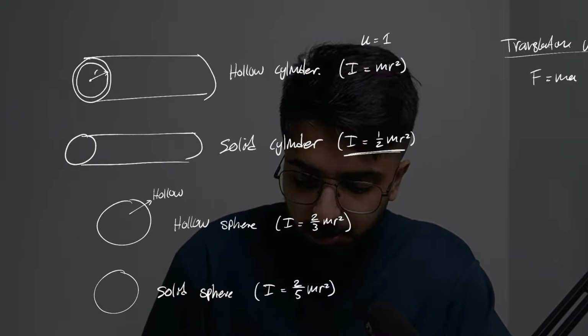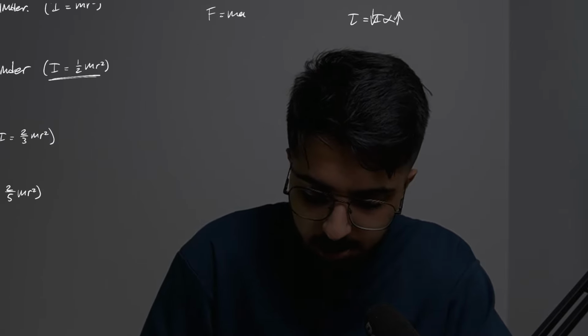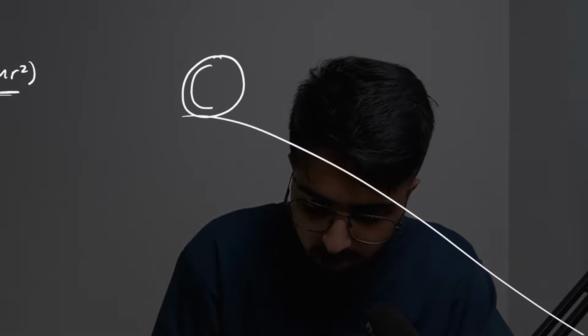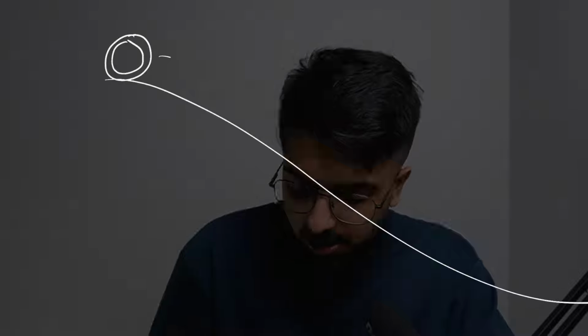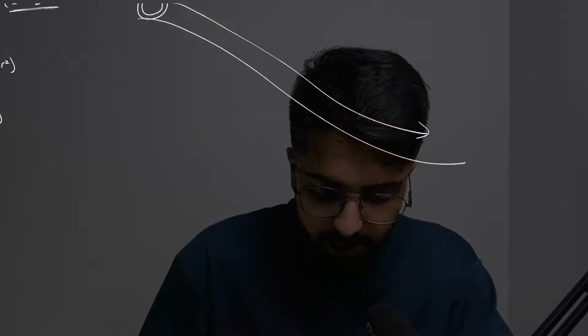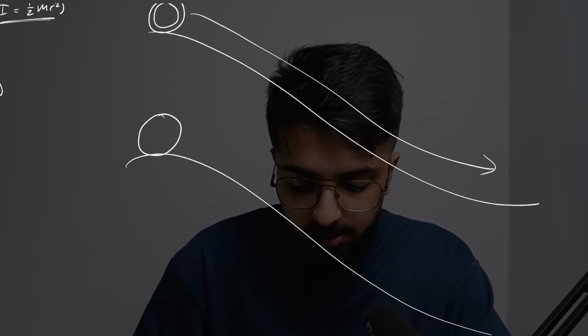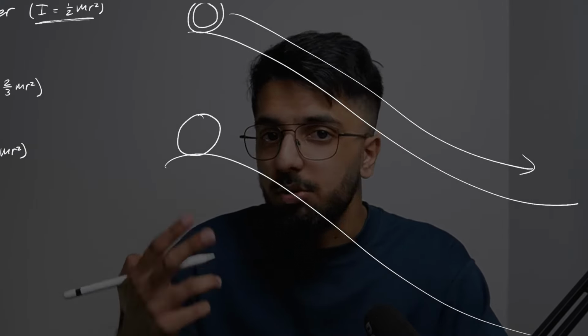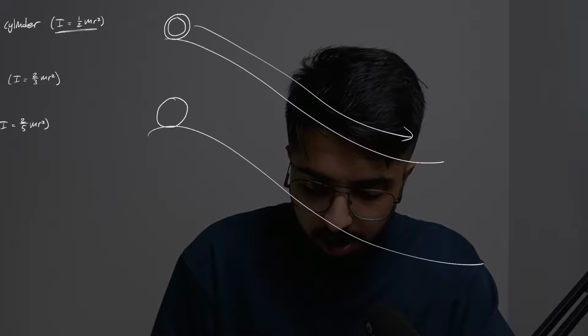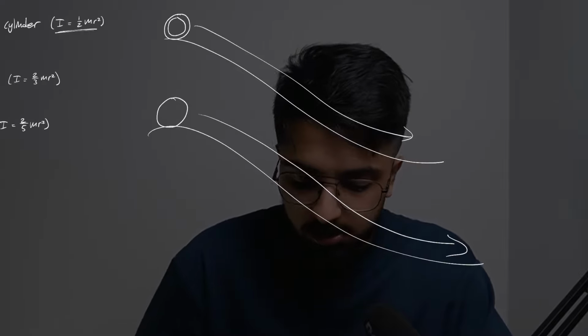So in this example that I'm going to use, let's say we have a situation where we have a hollow cylinder being pushed down a slope, okay? And then we switch that hollow cylinder out for a solid cylinder going down the exact same slope, and this solid cylinder has the same mass and the same radius, okay? And we push the solid cylinder down the slope.